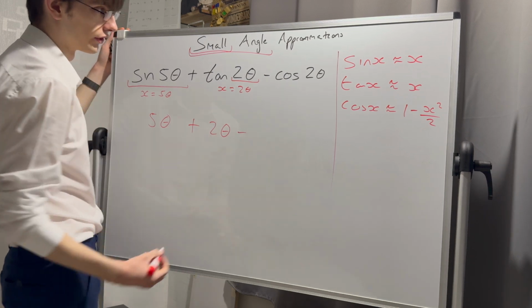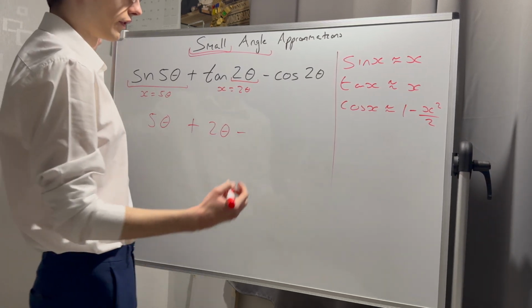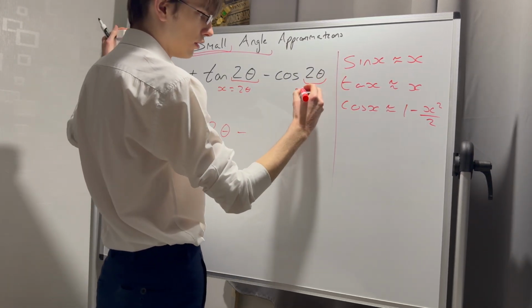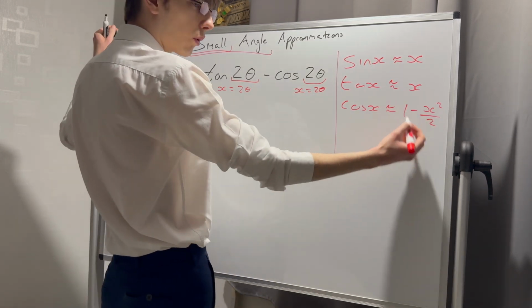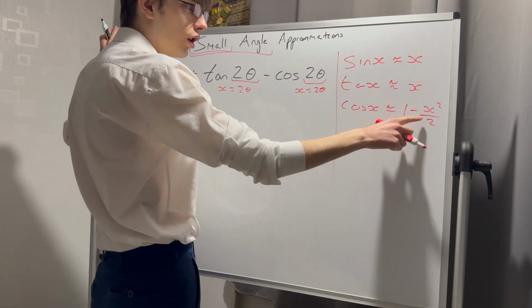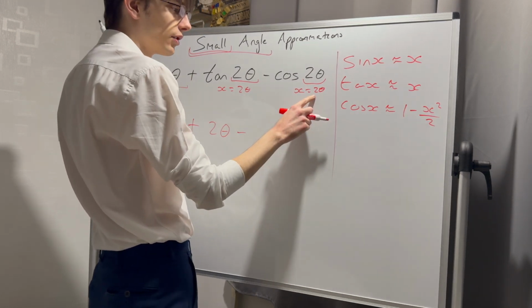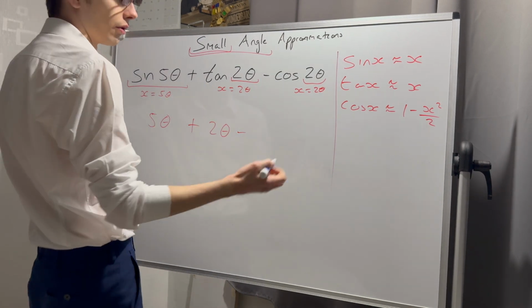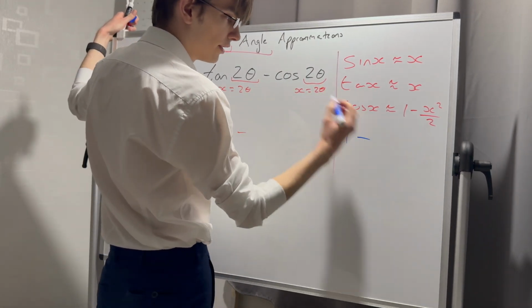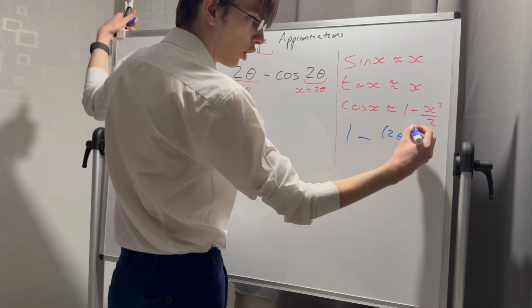And then we've got cos. Well, cos of 2 theta, once again, my x is 2 theta. So if I look at this equation, this is where you've got to be careful. I'm replacing my x with my 2 theta. So now I've got 1 minus 2 theta all squared.